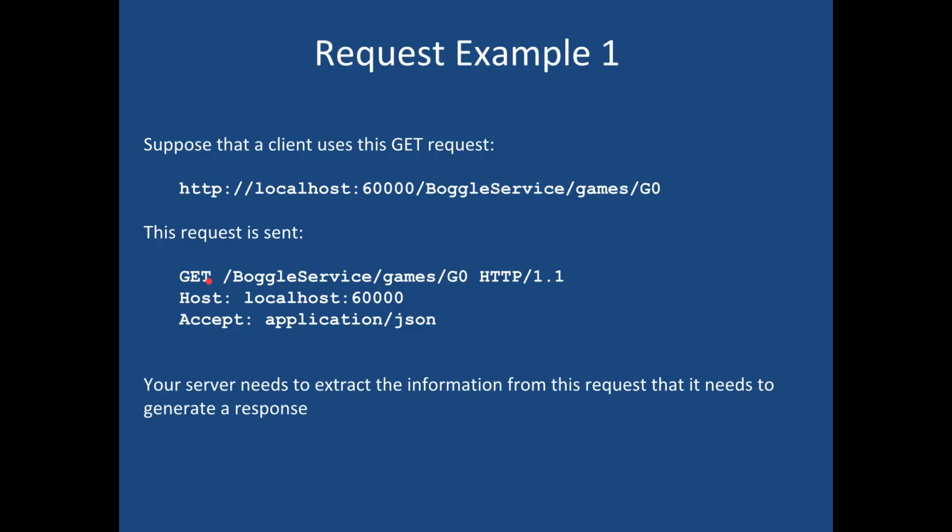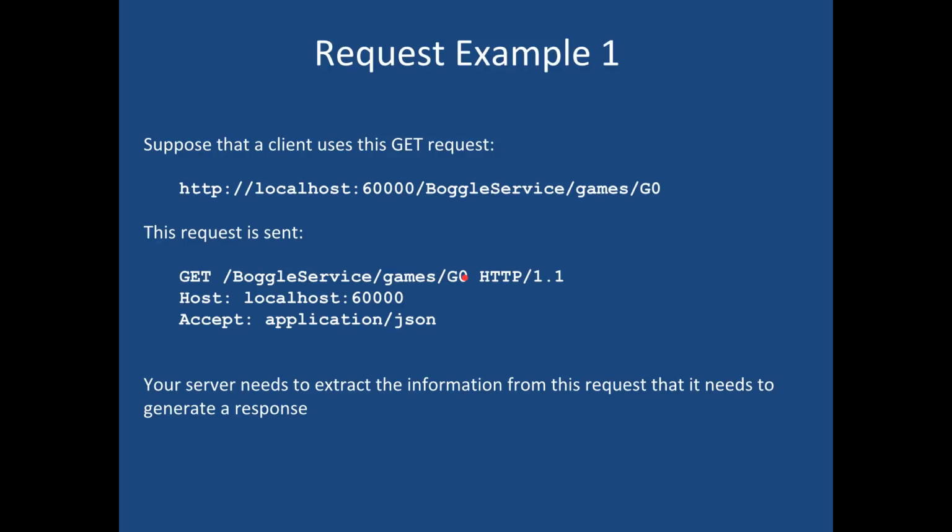What else do you need to look at? Right, you've got to look at this URL, and that right there, games, together with a GET tells you which endpoint you care about. You've got an endpoint that deals with games requests. That's a GET. What else do you need to pull out of this first line of text? Yeah, you've got to pull the game ID out. So what matters is the GET, the games, the G0.